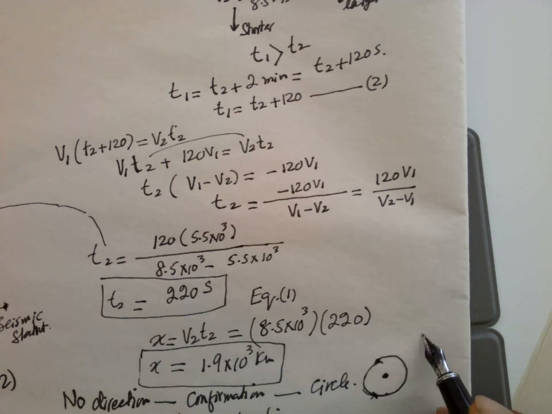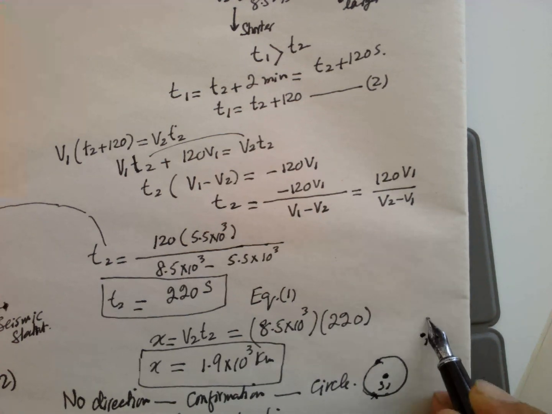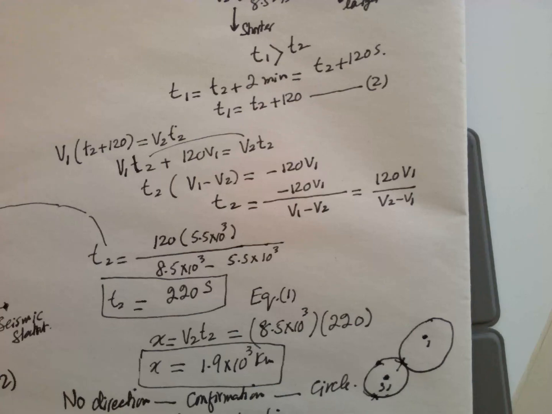So if there are many stations, S1 and S2, then they will each give a circle, and the intersection of the circles will give us the exact location of the epicenter.